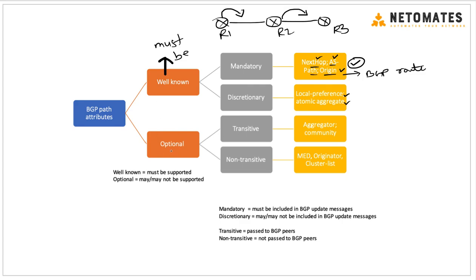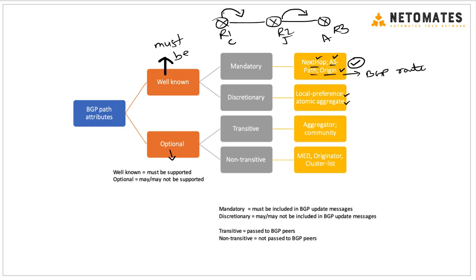Next, optional. As the name says, it may or may not be understood by the routers. Suppose this is a Cisco router, this is Juniper, and this is Arista. For optional attributes, there is no mandatory rule that R1, R2, R3 need to support or understand these attributes. In this we have two types: transitive and non-transitive.